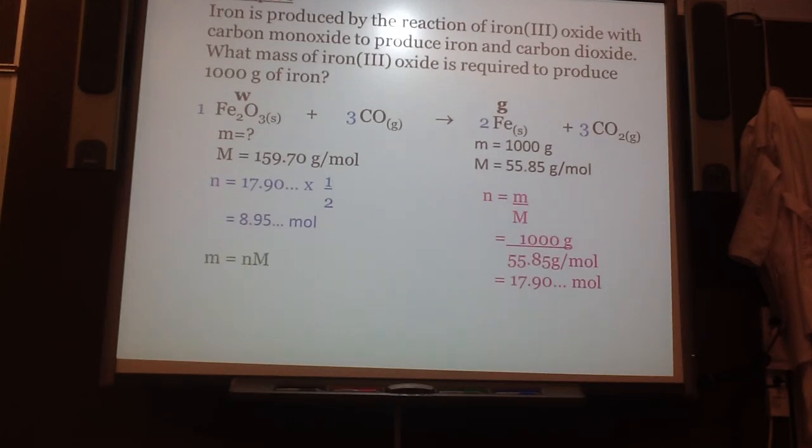So our mass is equal to n times big M. You end up with 1,429.725 grams.